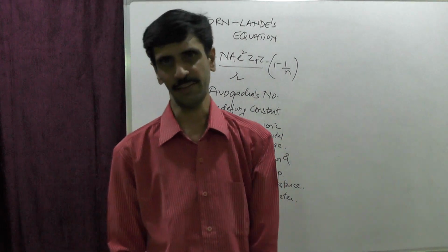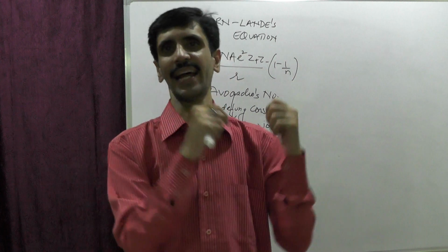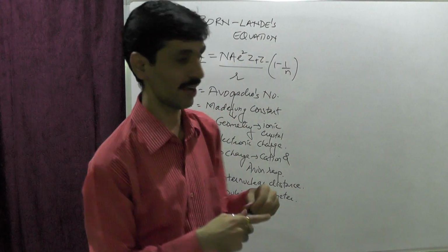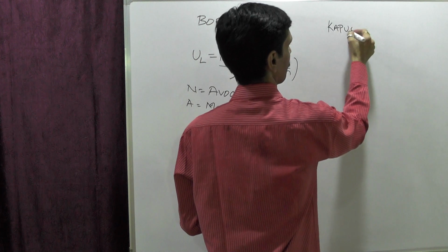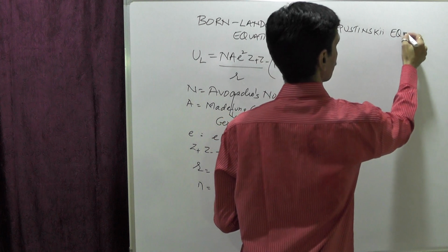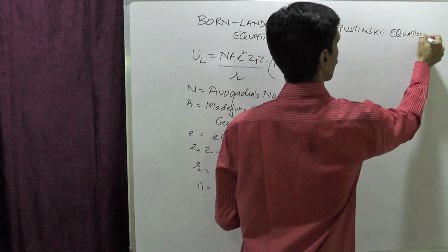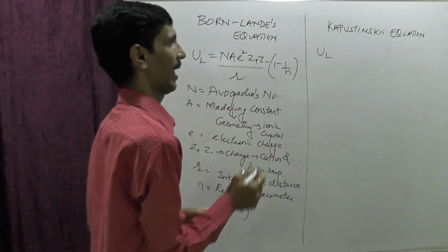We also have another factor, my dear friends. There is another way of calculating the lattice energy, and that is based on the equation called the Kapustinskii equation. Once again, it is related to the lattice energy, UL.